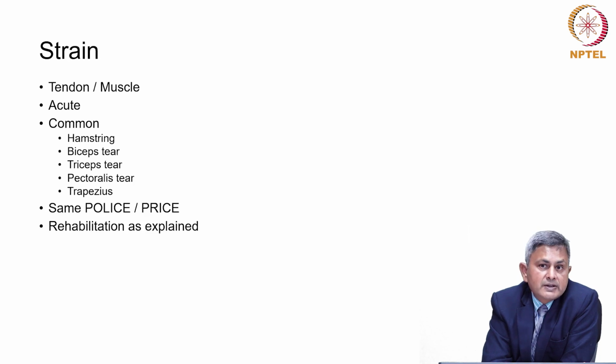Similarly, strains are injuries of tendons and muscles. Tendons are the end portion of the muscles. It's a thick bundle attached to the bony prominence. Sometimes the muscle pull is so strong that it avulses from the bone, or leads to an avulsion fracture also.